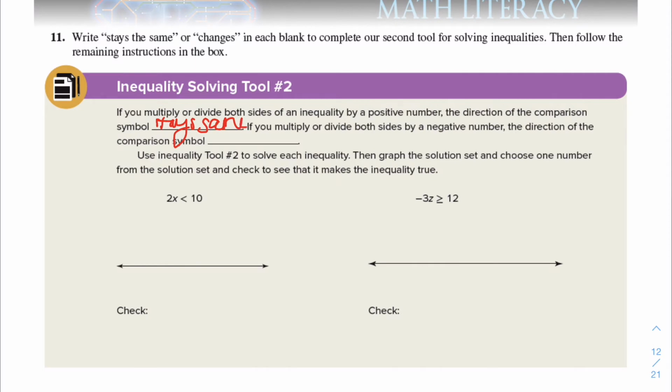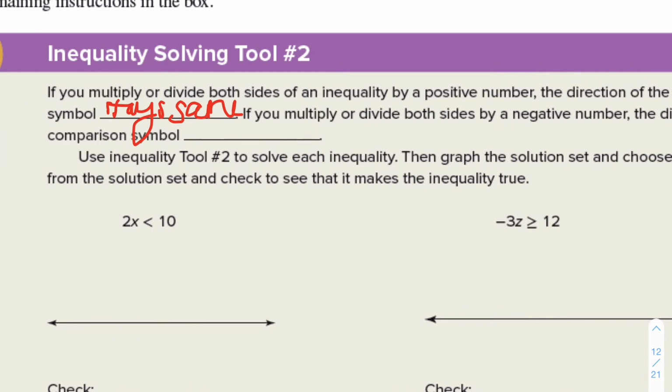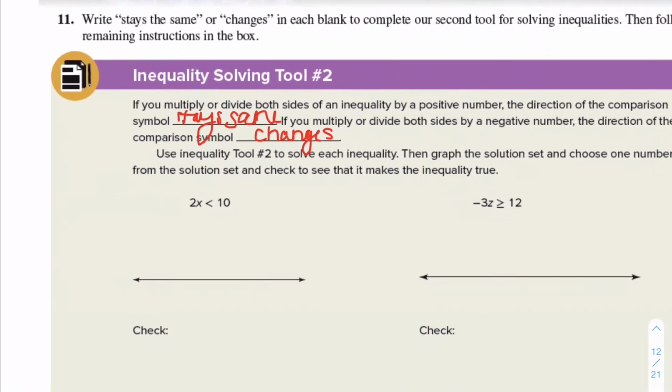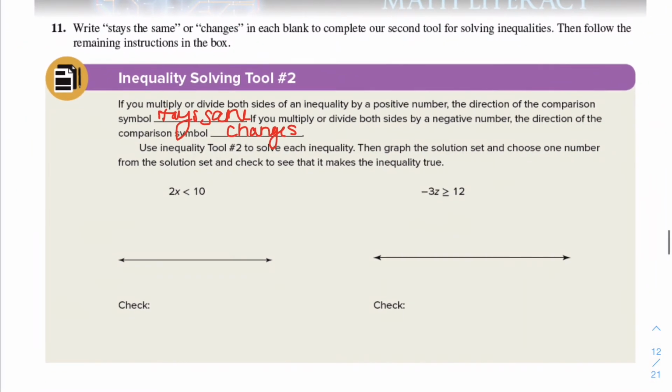However, if you multiply or divide both sides by a negative number, the comparison symbol changes. So it has to flip when you deal with negative numbers. So let's go ahead and give that a try in a few examples.